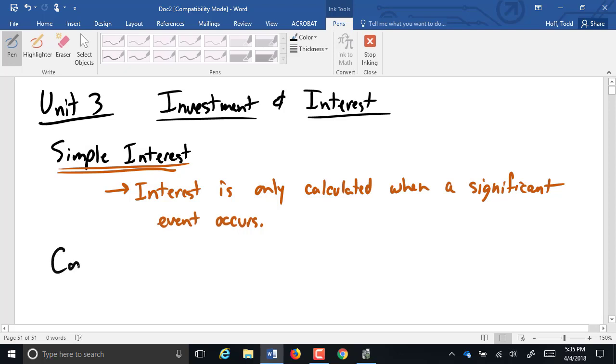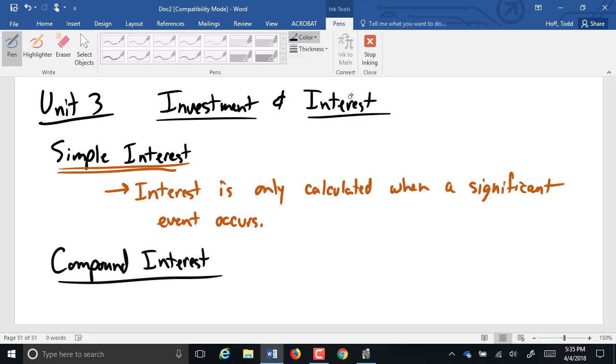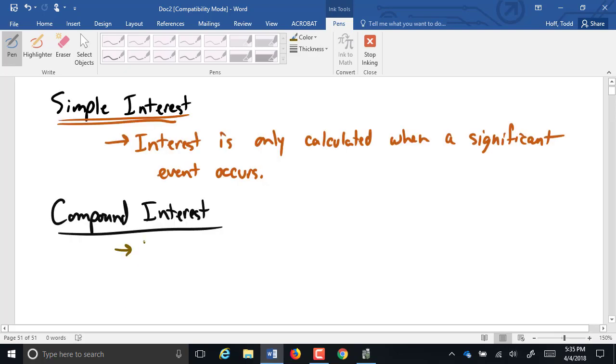Then there's compound interest. Compound interest, a little bit more complex. In compound interest, interest is calculated at regular periods.